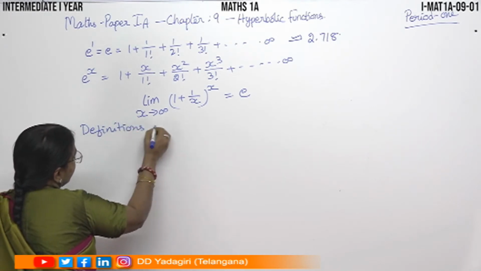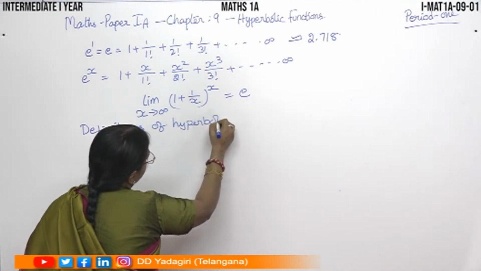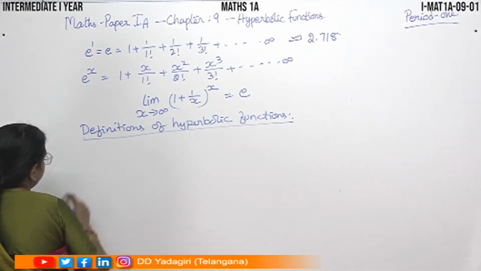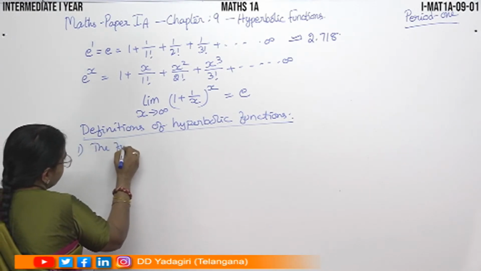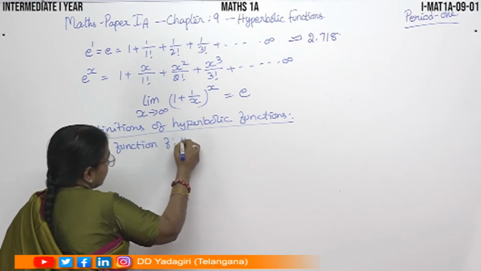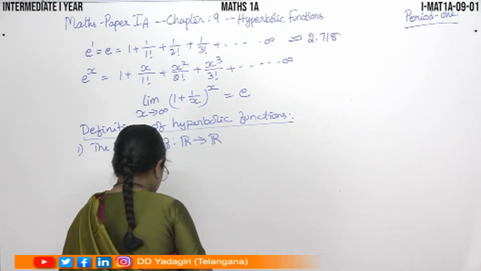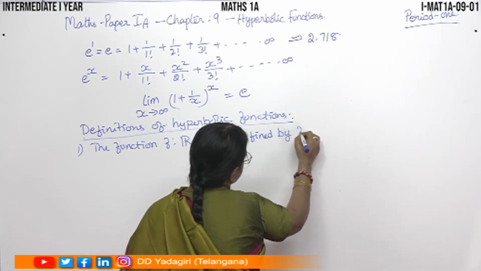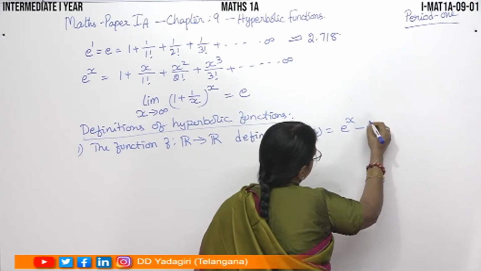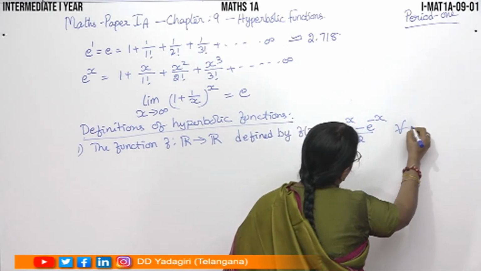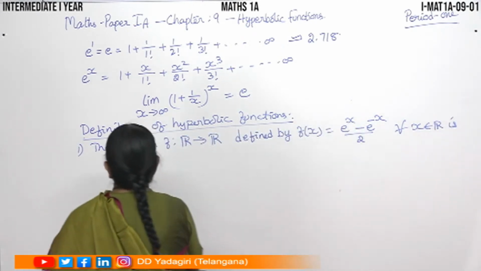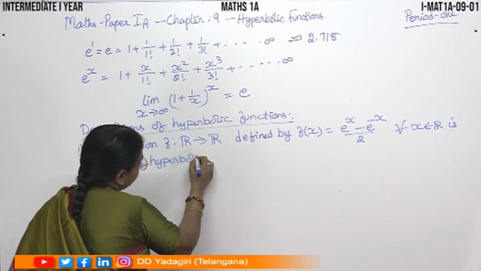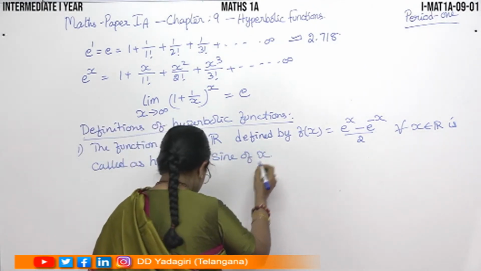Suppose that the function f from R to R, a real function, with domain and codomain subsets of the real number set, is defined by f of x equal to e to the power x minus e to the power minus x by 2 for all x in R. This is called the hyperbolic sine of x.